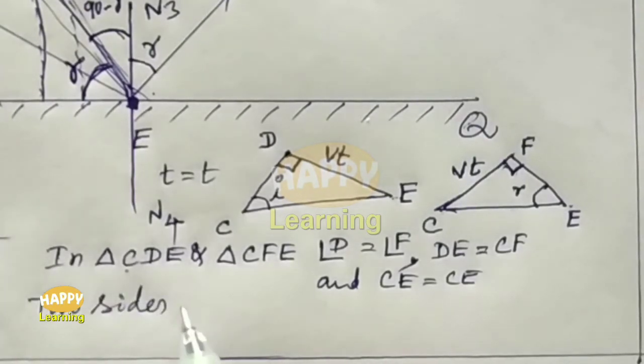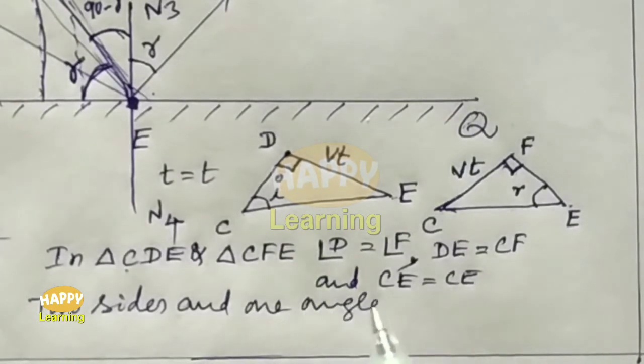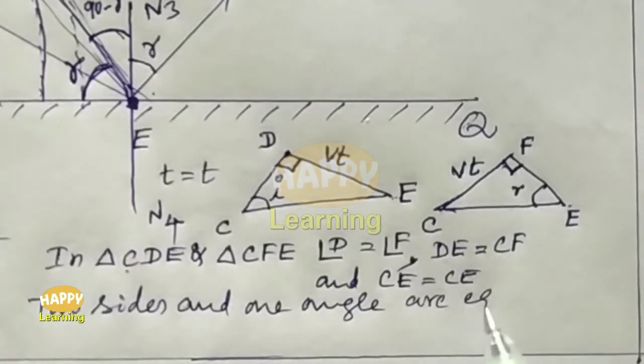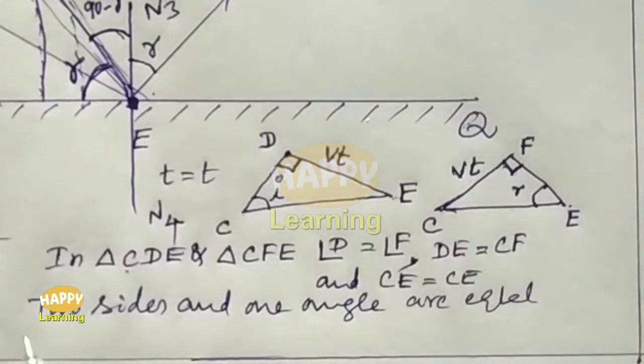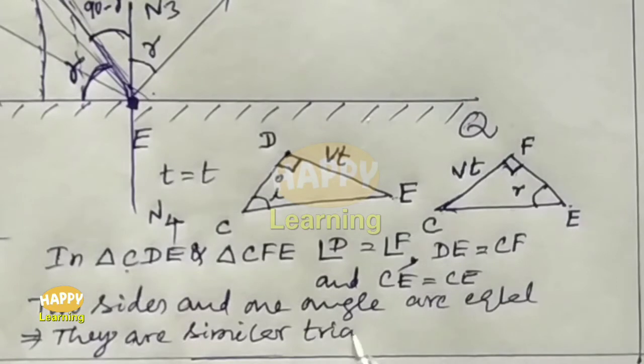Two sides and one angle are equal. That implies they are similar triangles.